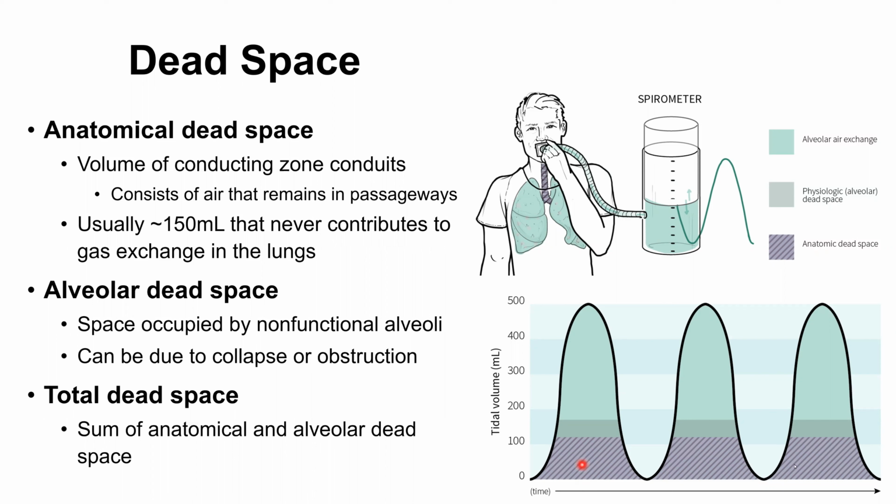This graph is showing a normal tidal volume, which we said is about 500 milliliters, so your inhalation and your exhalation. You can see that of this very normal tidal volume, we really only are able to send about 350 milliliters, give or take, to participate in gas exchange.